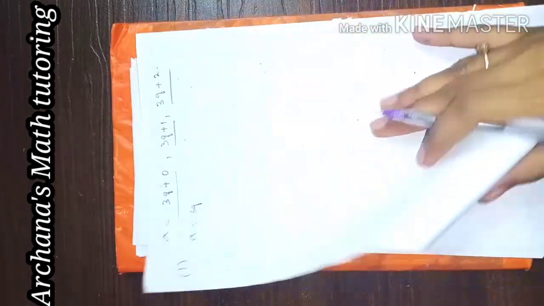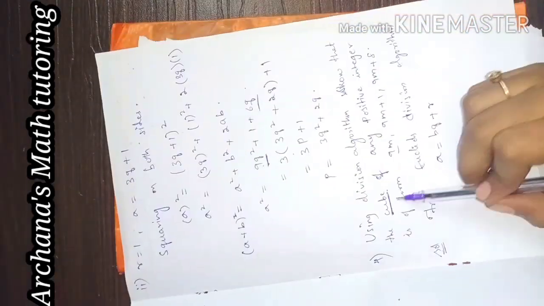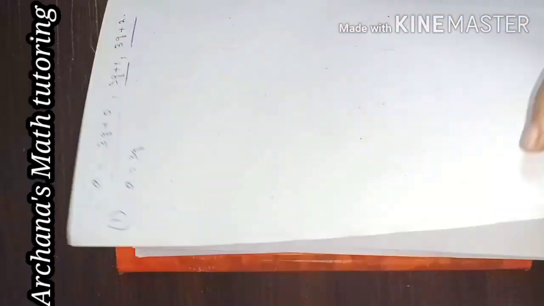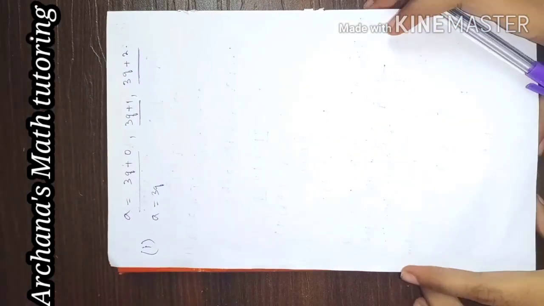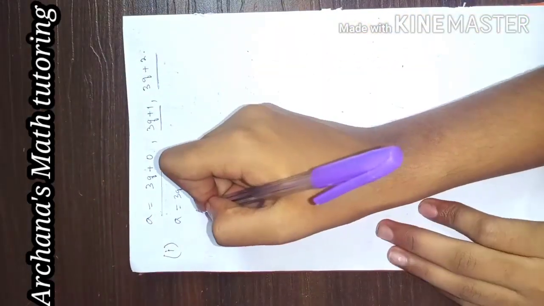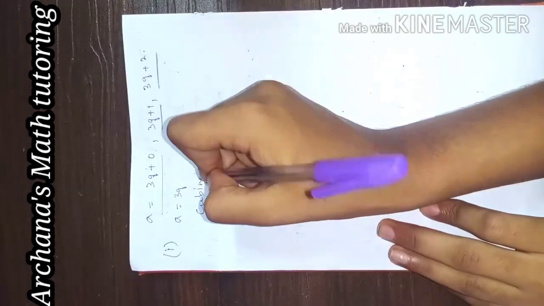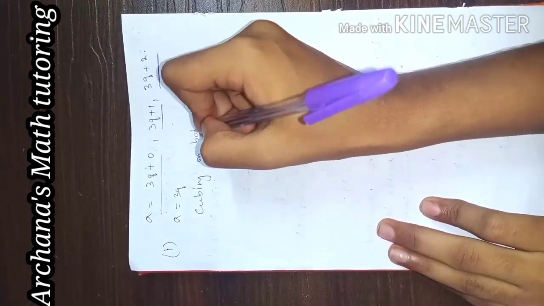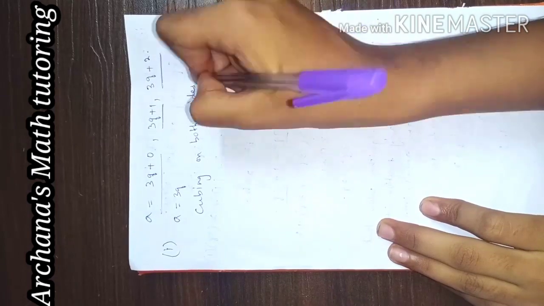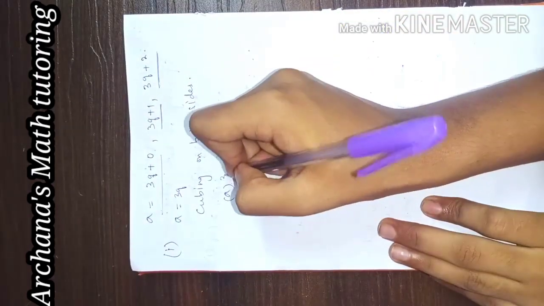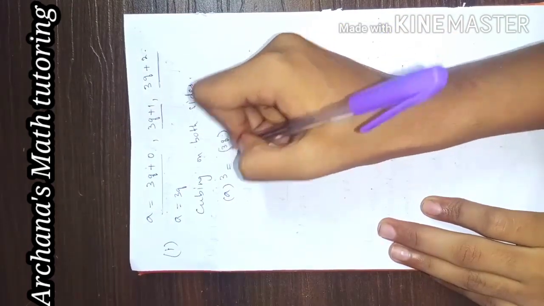So the thing was, he was asking for the cube of any positive integer. So now you shouldn't do the square, you should do the cube. So cubing on both sides, after cubing on both sides, you will be getting a whole cube is equal to (3q) whole cube.